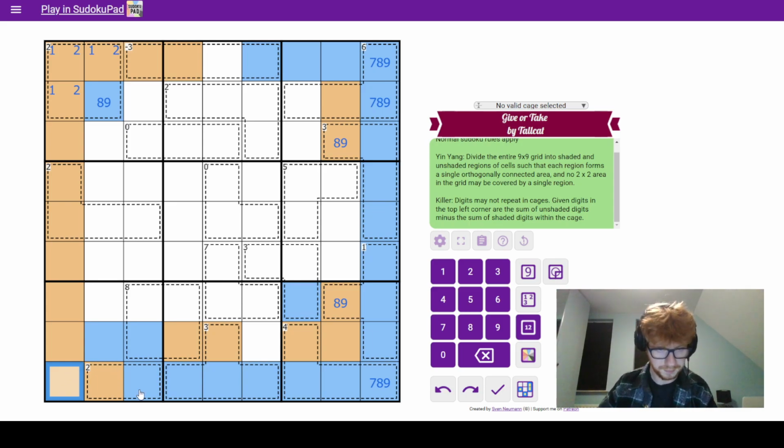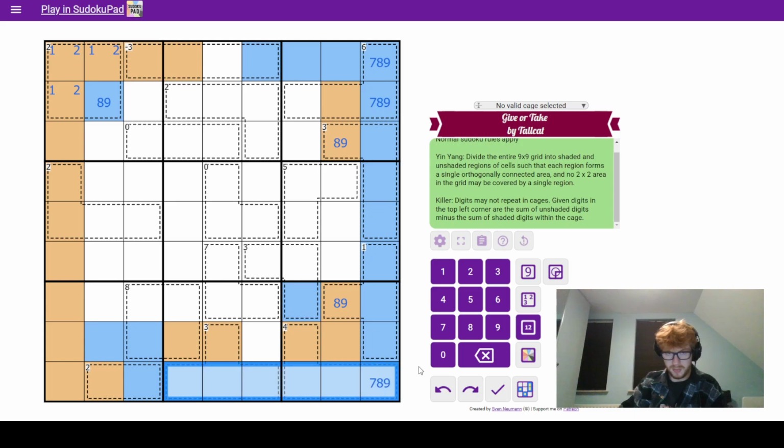Because, okay, so the maximum that this can be is 24. Wait, no. The minimum this can be is 24. So the maximum this can be is 21. Is that true? This could never be higher than 24.